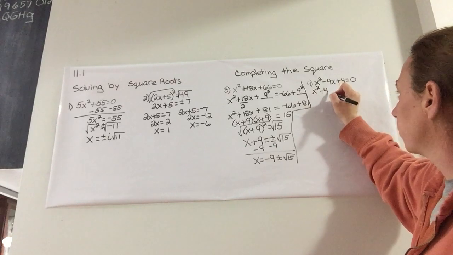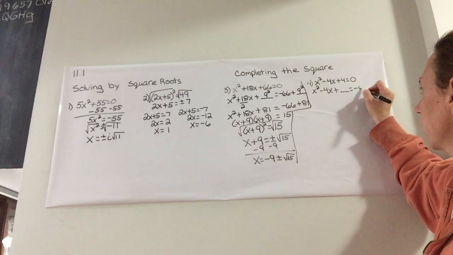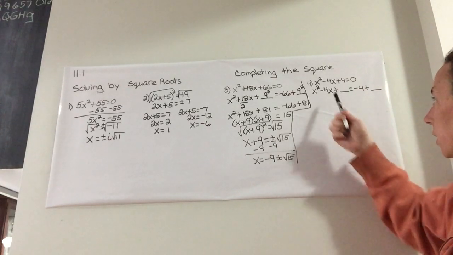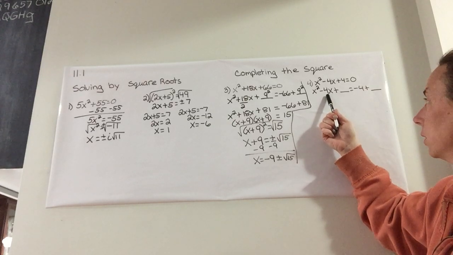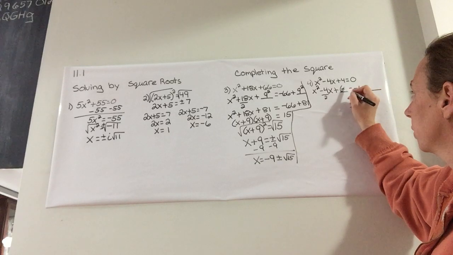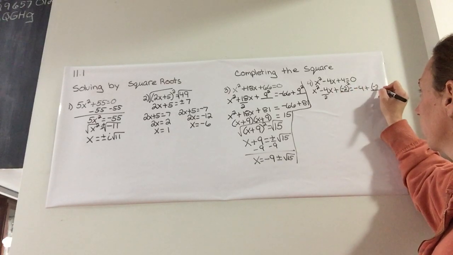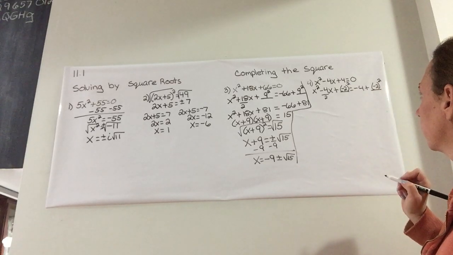X squared minus 4x plus line is equal to negative 4 plus line. Remember, you're dividing this by 2. So I divide this by 2 and I get negative 2 squared. And I'm going to do the same thing over here.